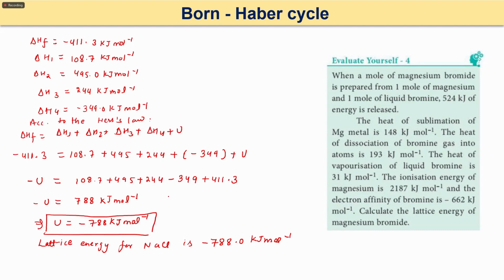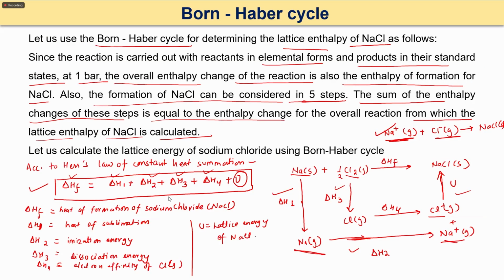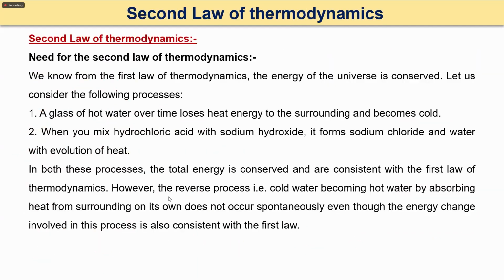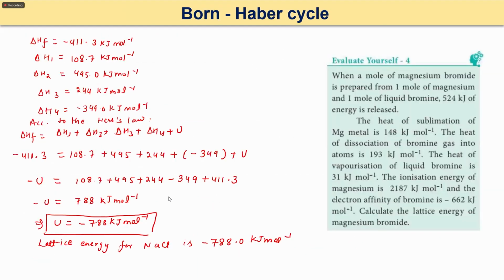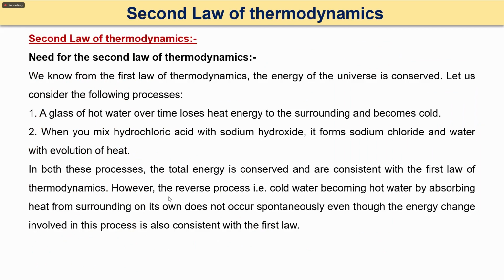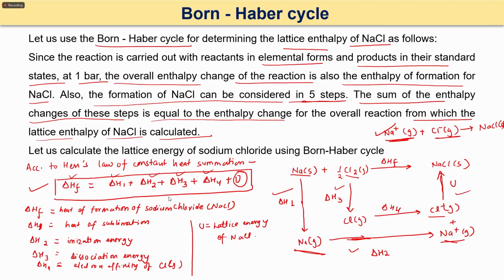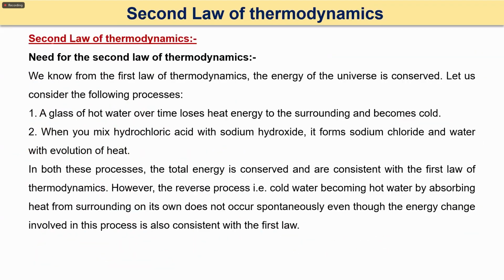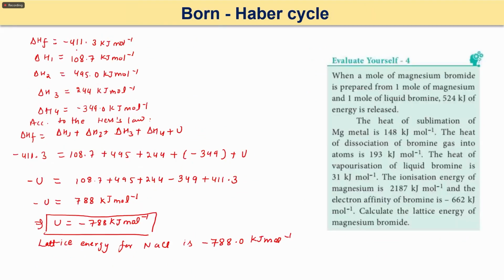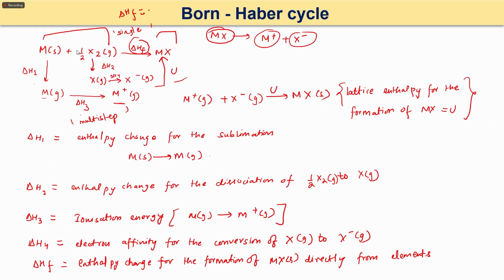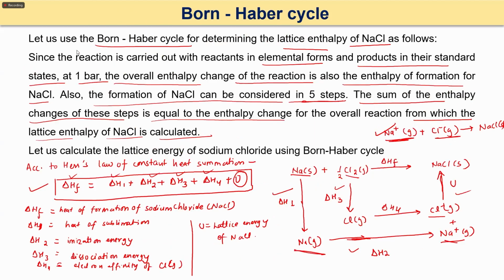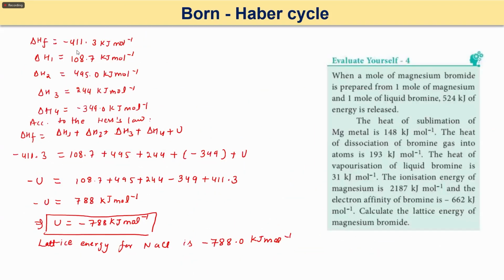This is how you can calculate the lattice enthalpy. Now we have studied Hess law and how we can use the Born-Haber cycle in order to calculate the lattice energies and lattice enthalpies.